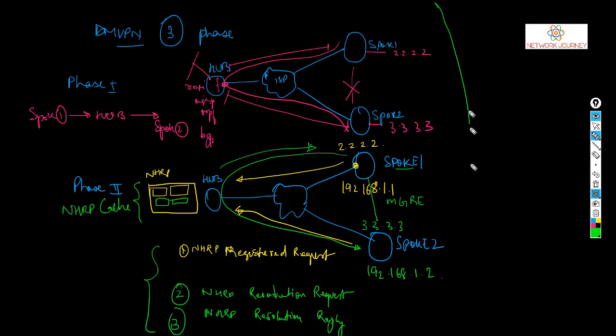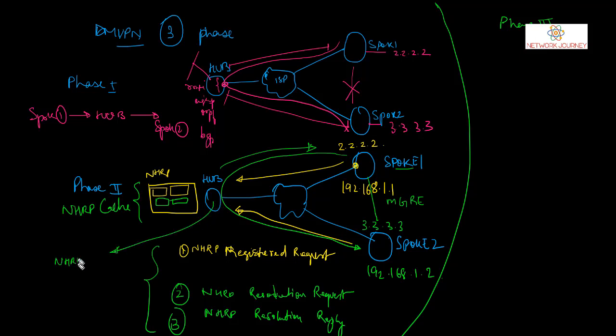Now what about phase 3? When we can achieve spoke-to-spoke tunneling, why do you think we need phase 3? Because phase 3 is much more advanced. Here we are relying on the NHRP protocol, next hop address resolution.